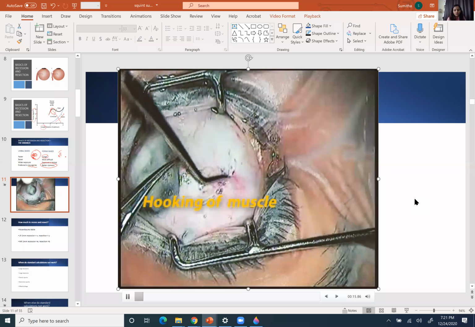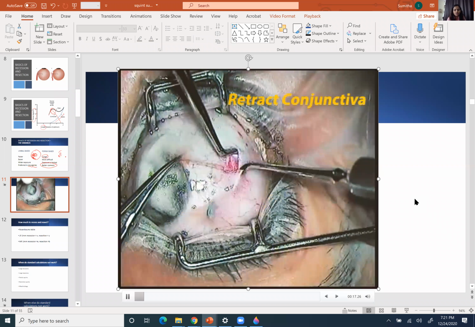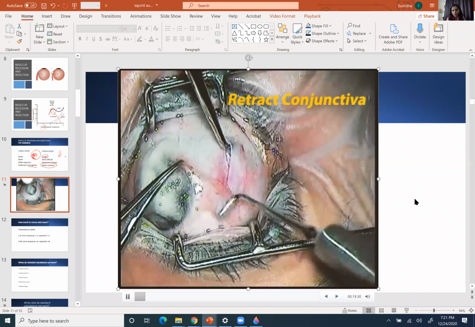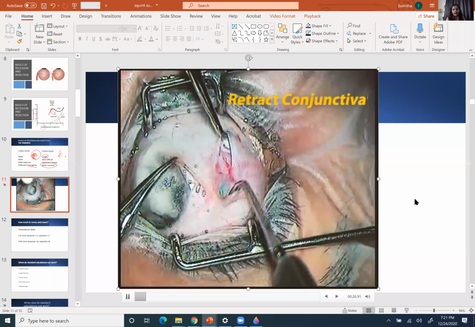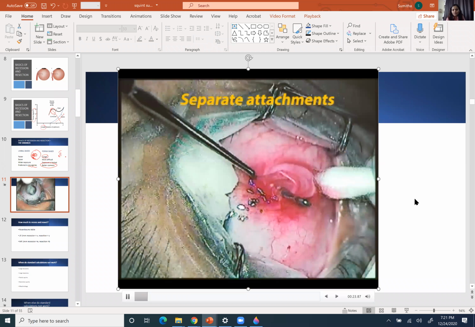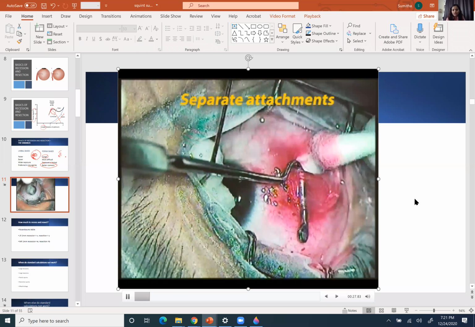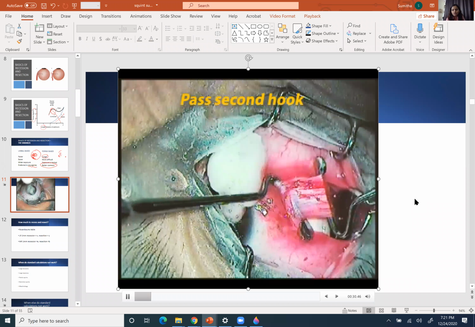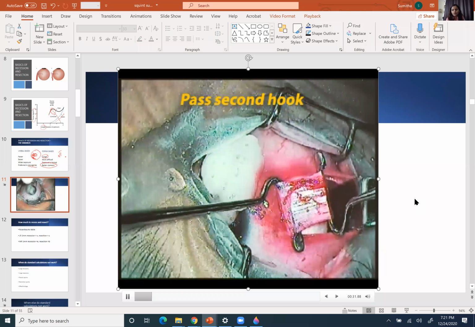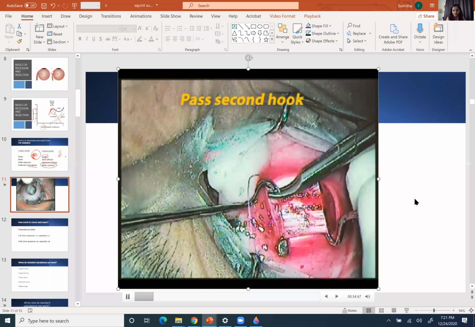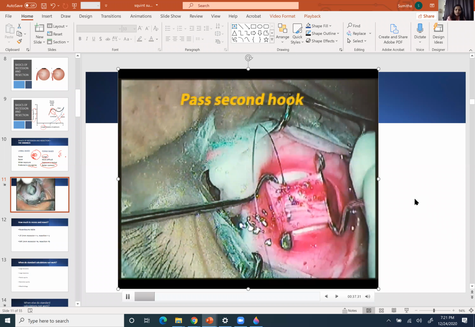Now you can see the Stevens hook retracting the conjunctiva present over it. Next you separate all the attachments of the muscle. This is a check ligament from the muscle to the conjunctiva, and on the sides the intermuscular septa. Next you pass the second hook over here.